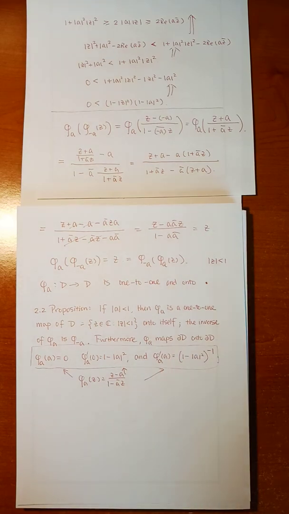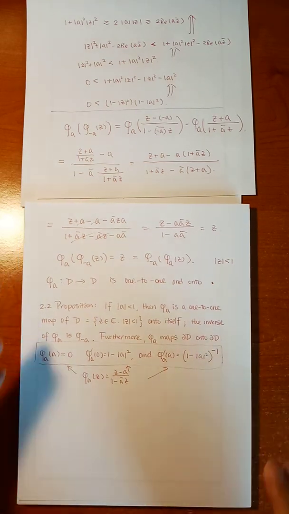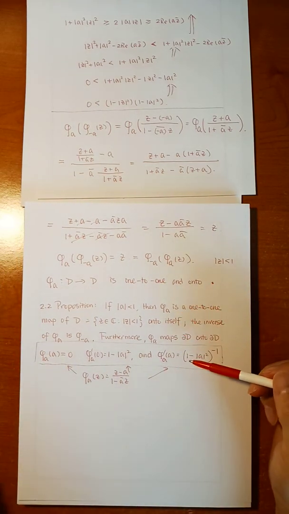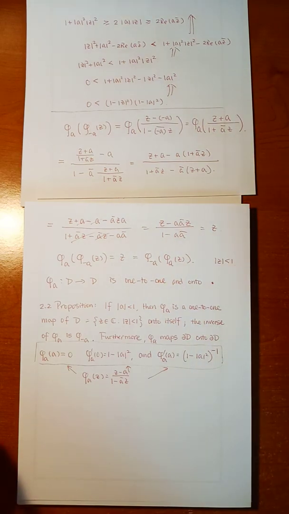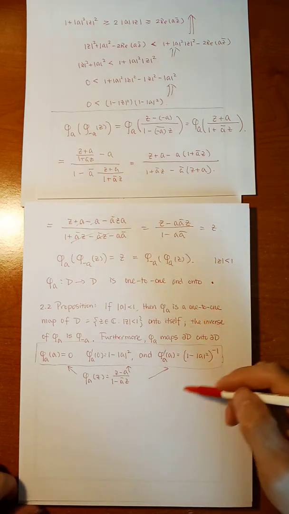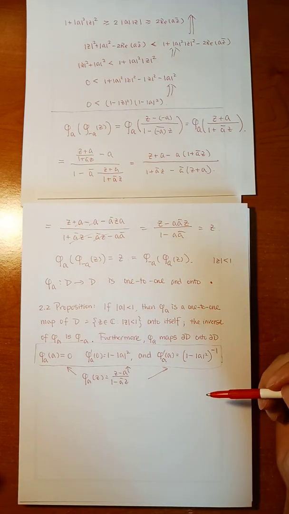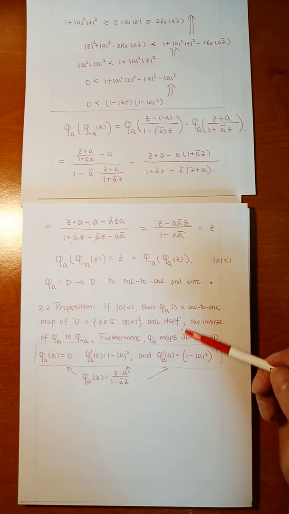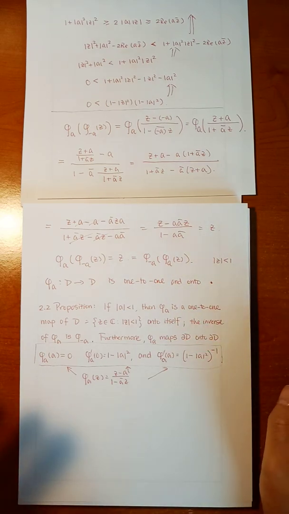Okay, so in the next video, we will see how we use this proposition to classify the one-to-one analytic functions from D onto D, right? So we are going to see the application of this simple observation or simple computation in the next video.